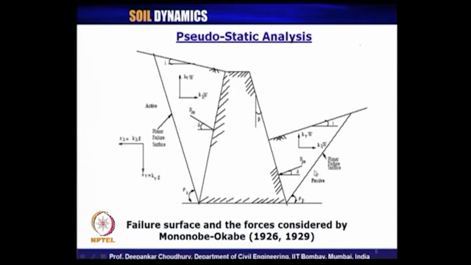That will give us the absolute minimum value of this PPE, which will be the design seismic passive earth resistance. This is sometimes called passive earth resistance, because truly speaking it is not the pressure acting on the wall, but it is the resistance offered by the soil to the wall.